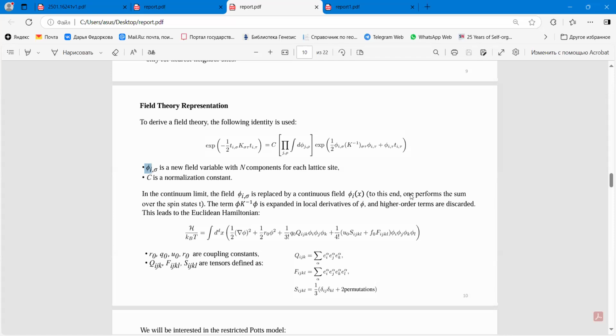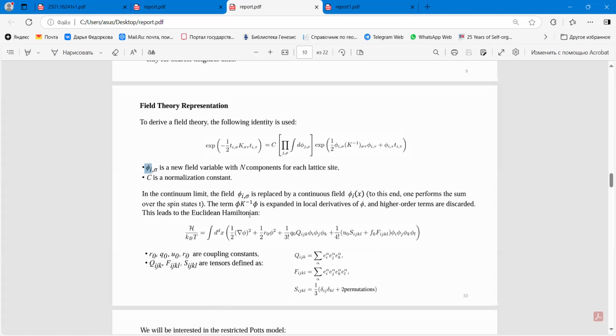To this end, one performs the sum over the spin states T. The term is expanded in local derivatives of phi, and higher order terms are discarded. This leads to the equivalent Hamiltonian that has such form.